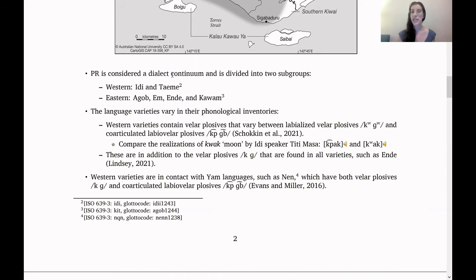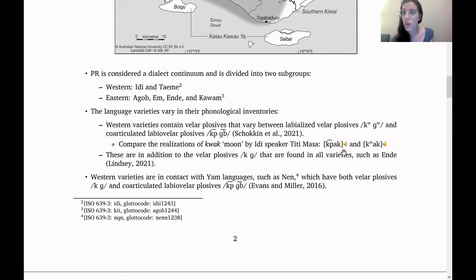The Western varieties have velar plosives as well as labialized velar plosives. Now, these labialized velars vary between a velar plosive with a secondary labial articulation like kwa or gwa, and a co-articulated labiovelar articulation, something more like kpa or gba.